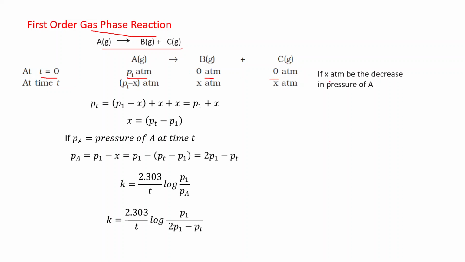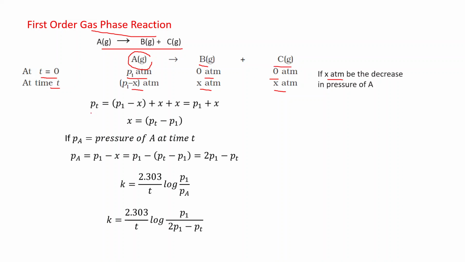If X atmospheric pressure decreases for the reactant, then at time t the pressure of the reactant becomes P1 minus X, and B becomes X atmosphere and C becomes X atmosphere, because according to the stoichiometric equation, when 1 mole is decomposed, 1 mole is formed and 1 mole is also formed.